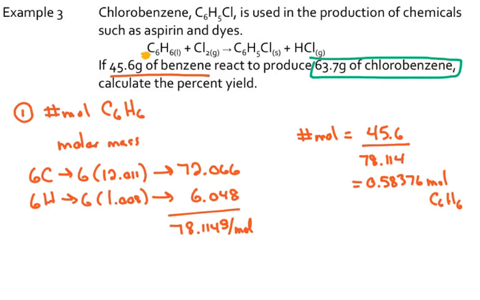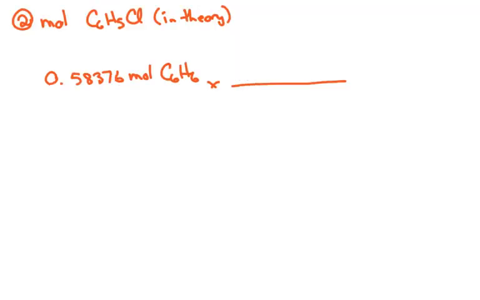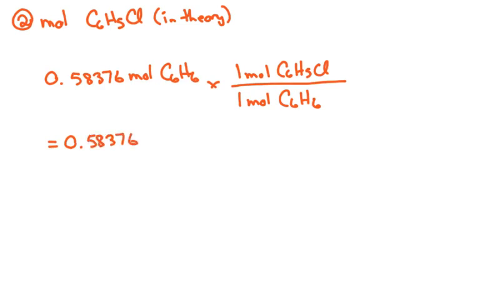Benzene, coefficient of 1. Chlorobenzene also has a coefficient of 1, so that will make the math a little bit easier. Always putting the substance that we're trying to find on top. Which means that in theory, we should have created 0.58376 moles of chlorobenzene.